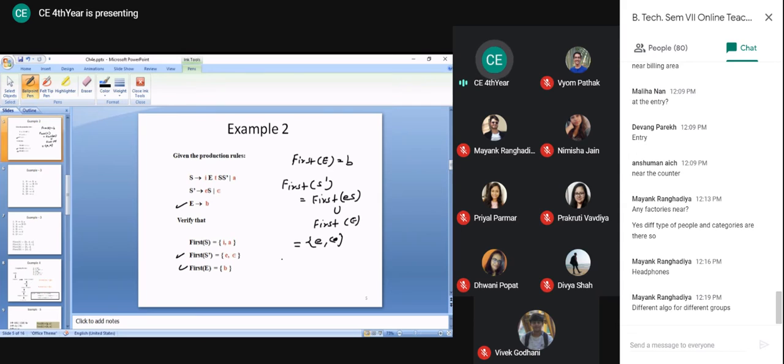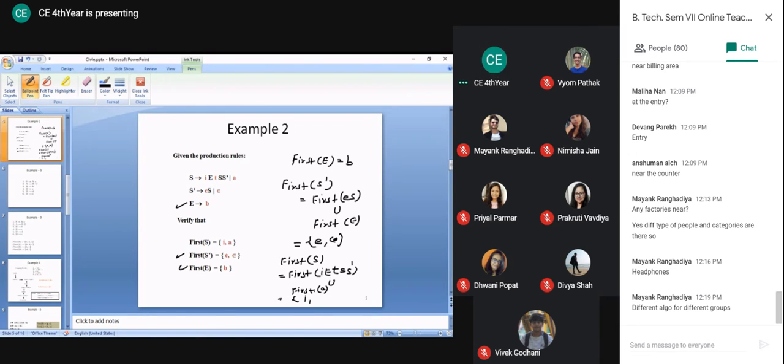Now similarly, if I find first of S, where S is a non-terminal, we are getting the first of small i, capital E, T, S, S dash, union first of A. So now you can see in the first rule, we have i as a terminal. We have only i, which is a terminal symbol.